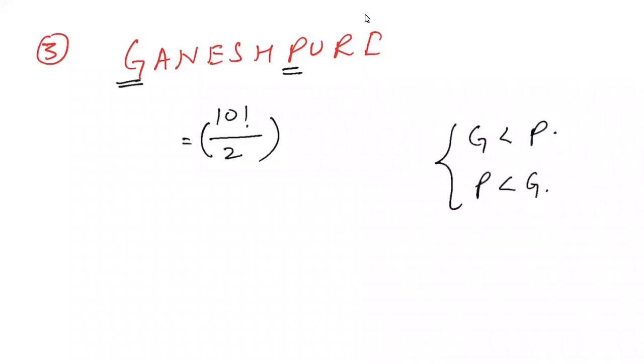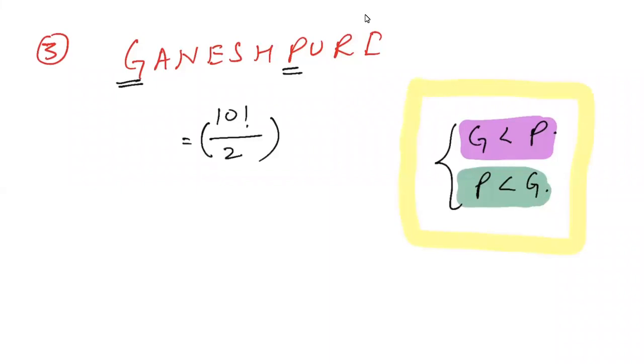Only two options are there, which means in half of the cases, P will be ahead of G, and in half of the cases, G will be ahead of P. So we are getting exactly what we required in this case.